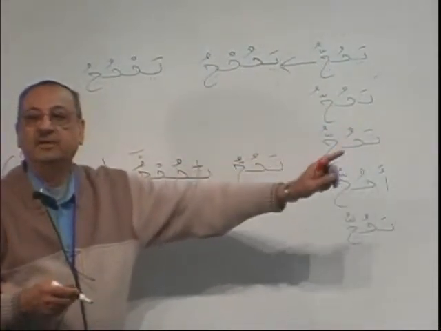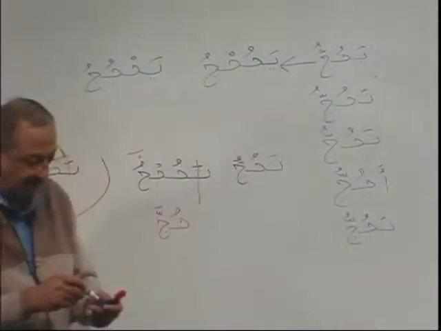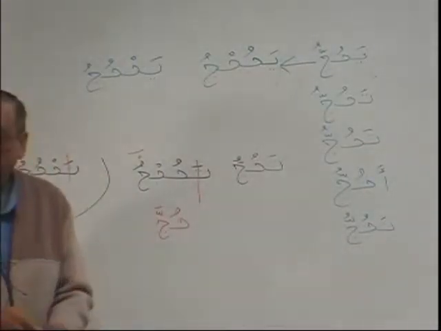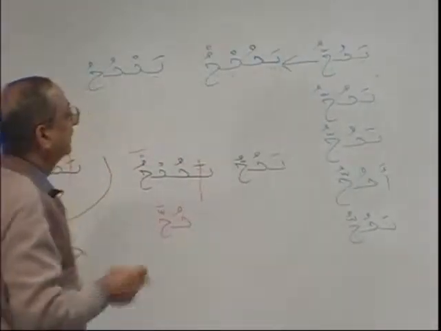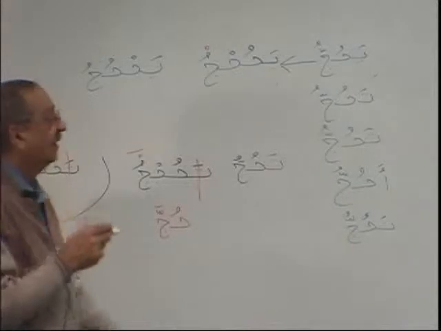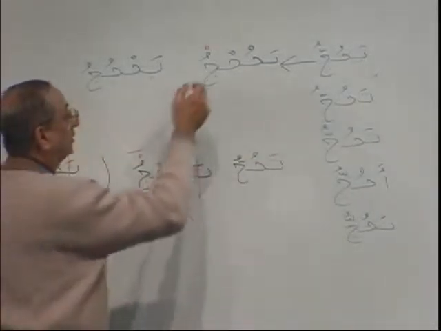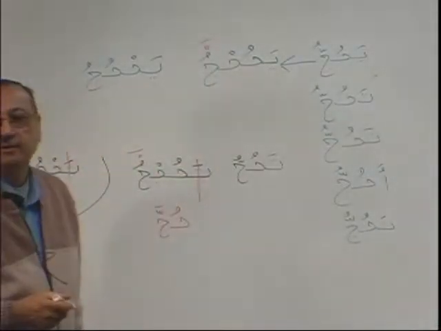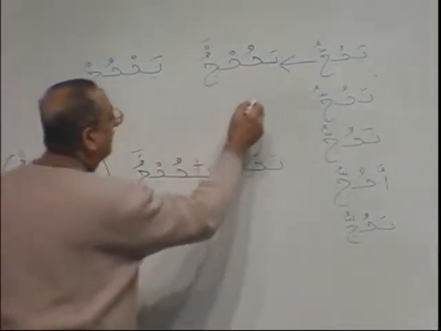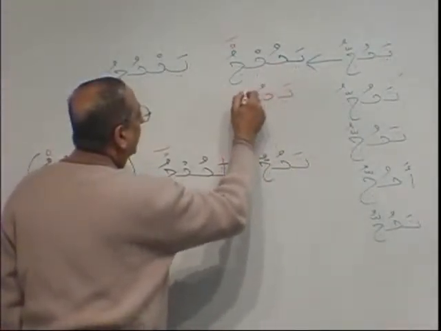The same thing that we did in amar, we will do it here. What did we do in amar? If we wanted to make an amar, we gave a sukun here. Now we have two sukuns, so in order to eliminate that, we gave it a fatha. So it became yahujja.